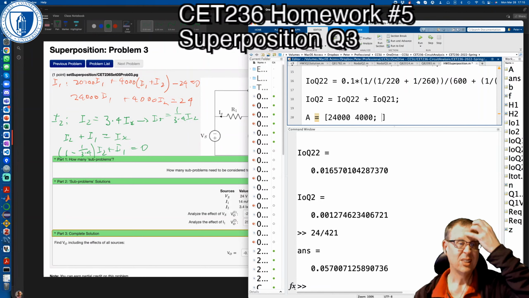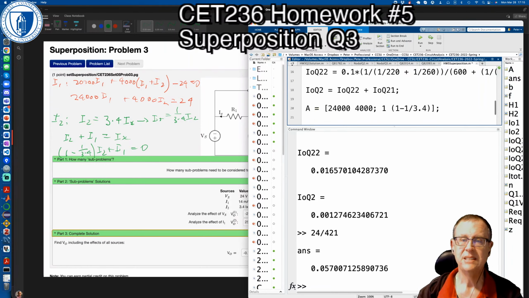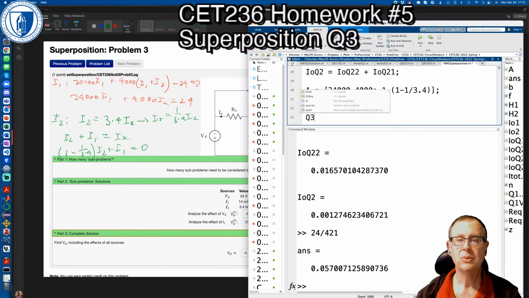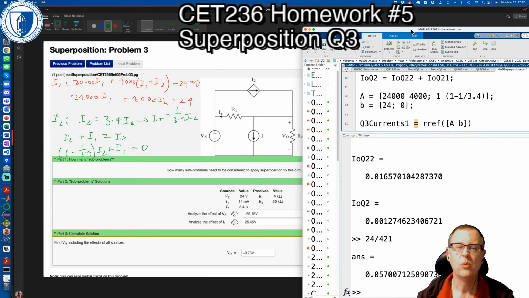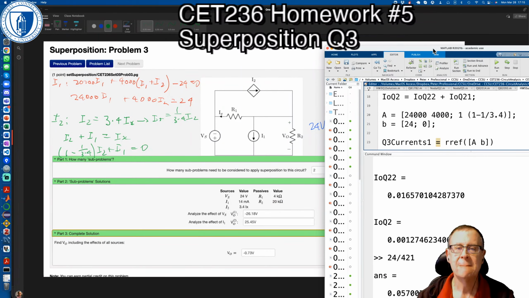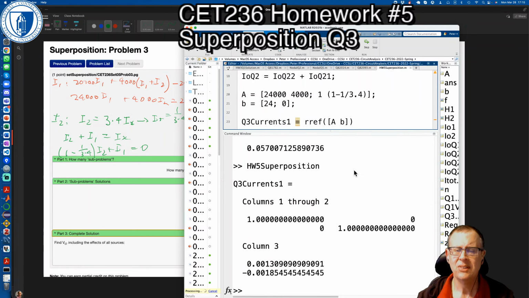And then in the second row, the I1 coefficient is 1, and the I2 coefficient is 1 minus 1 on 3.4. And then the B vector is 24 and 0. So then our Q3 currents equal A divided by B. This is version 1 of them, and let's see if that runs.